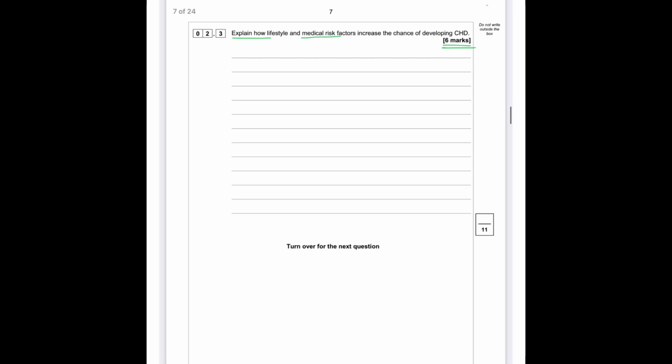So examples of the things that we could say are, first of all, we could talk about lack of exercise, can lead to obesity, high cholesterol, and diabetes.